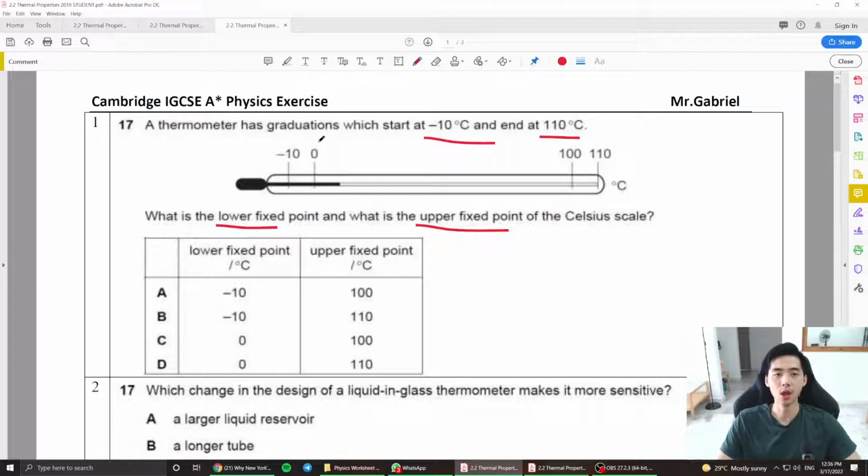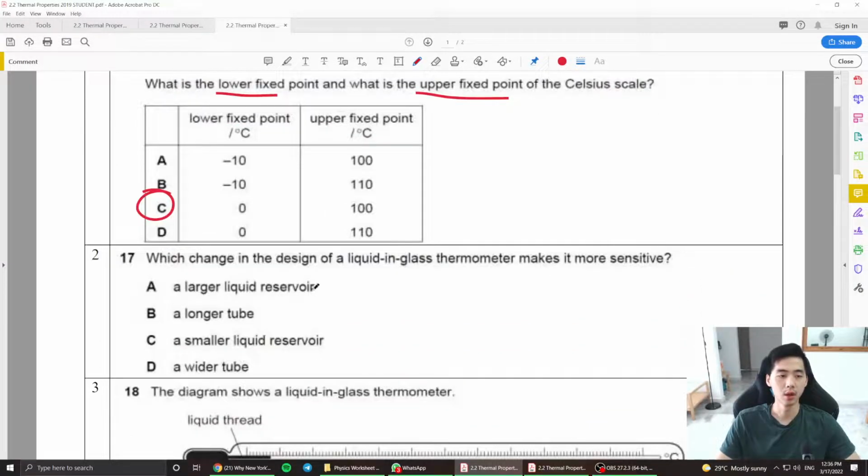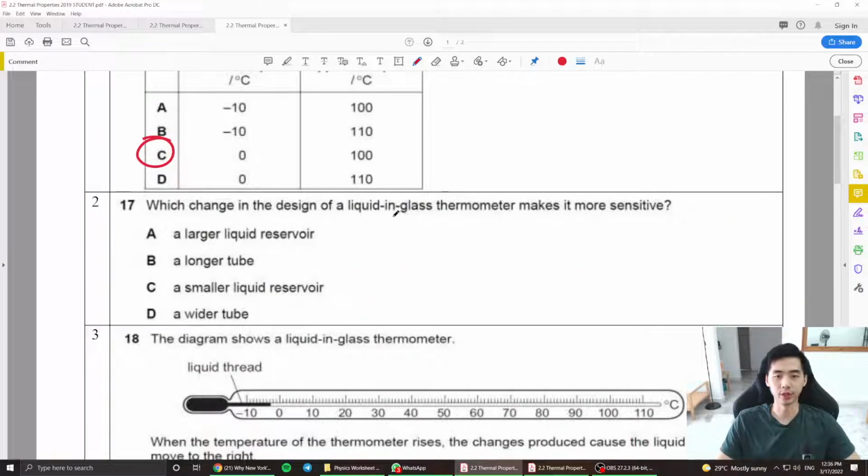Know for a fact that lower fixed point and upper fixed points are always going to be 0 and 100 degrees Celsius. Right? Which change in the design of the liquid thermometer makes it more sensitive? Yet again, either a smaller capillary tube or a larger bulb. In this case here, the larger liquid reservoir is another way to say the larger bulb.